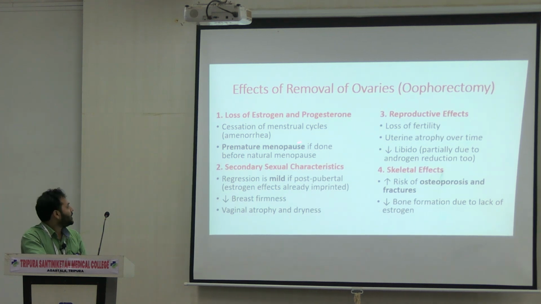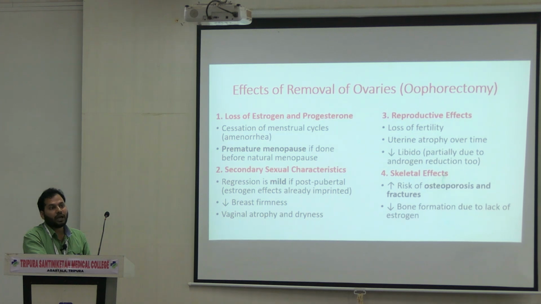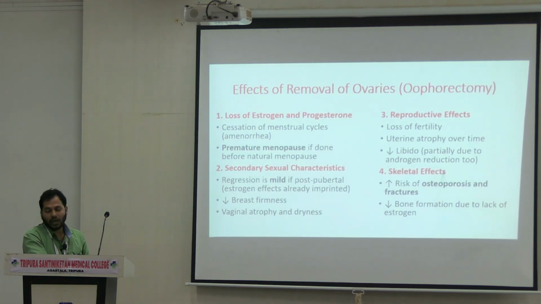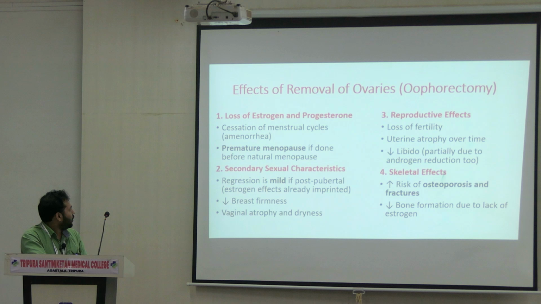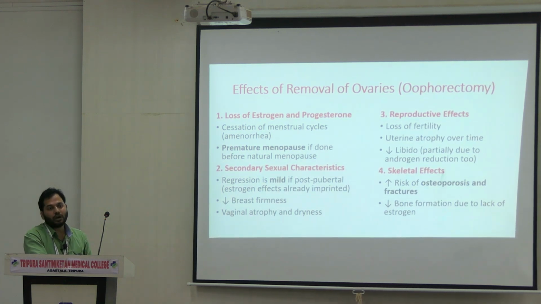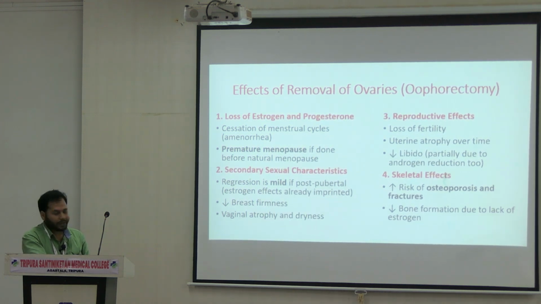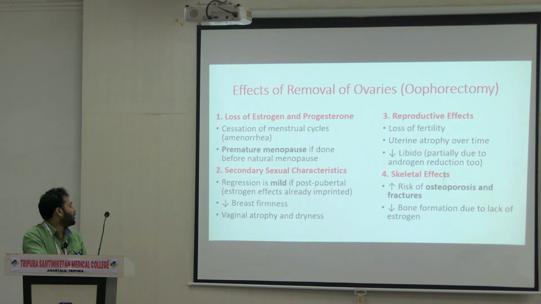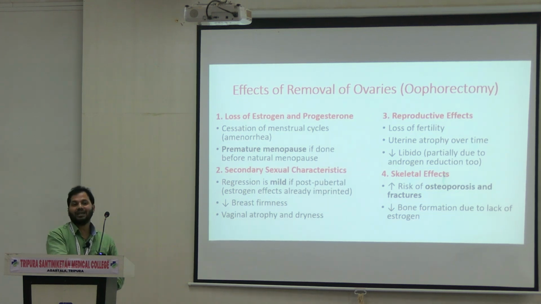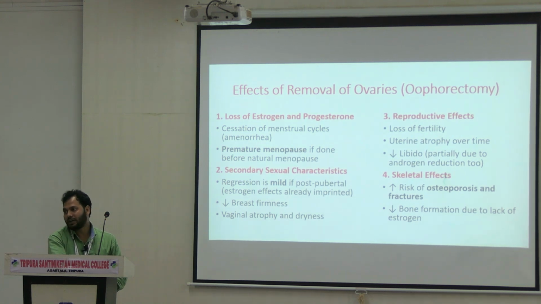Mostly the menstrual cycle is affected in the absence of both estrogen and progesterone. Along with this, the person can enter into a premature menopausal phase, right? This premature menopause is directly related to the development of various types of metabolic disorders.